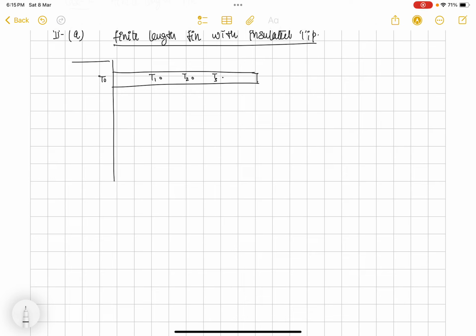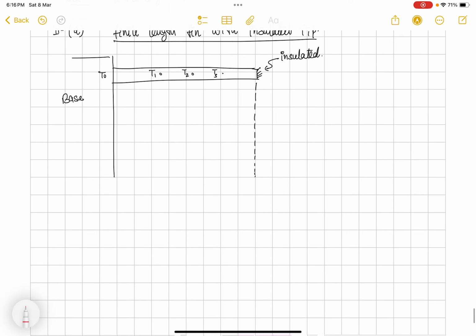Let's say this is the base, and this is the ambient temperature, and it has some temperature variation, and this slope d theta by dx we are assuming to be 0, meaning no heat transfer from this side, right?